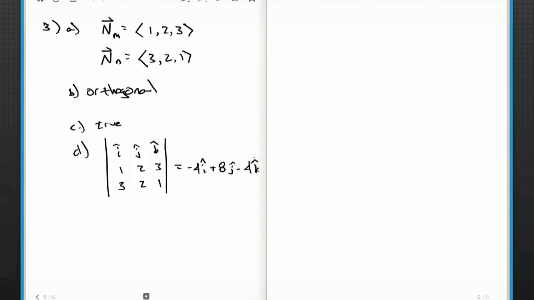Minus 4k. So that would be a vector that's orthogonal to both of the normal vectors, so it must be parallel to the line of intersection between the two.